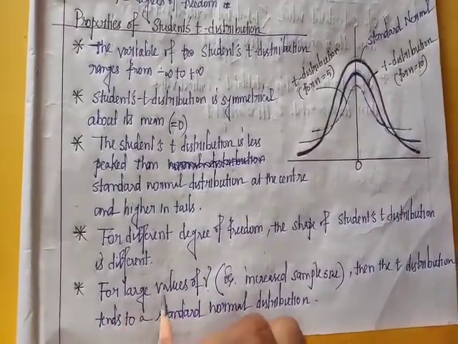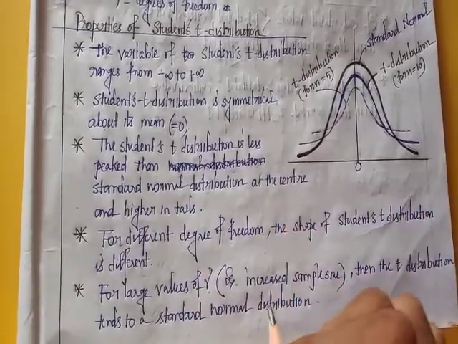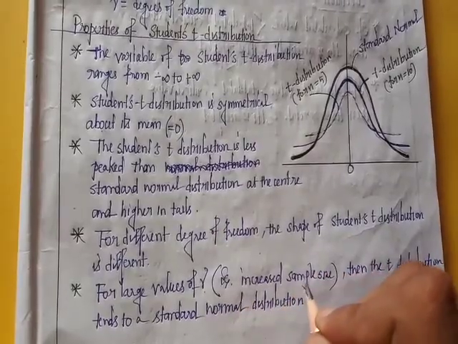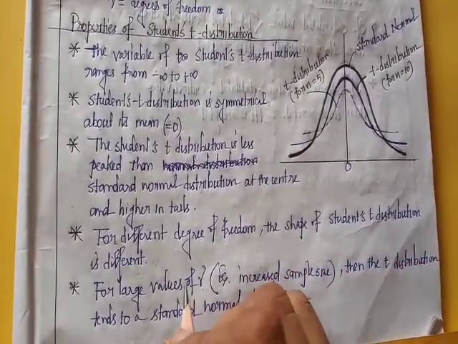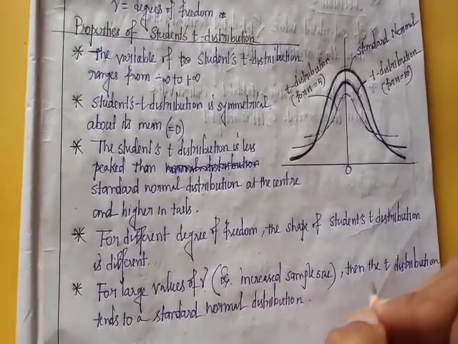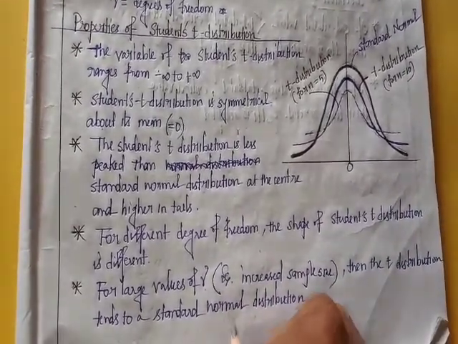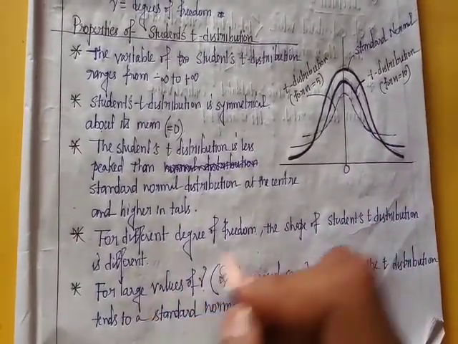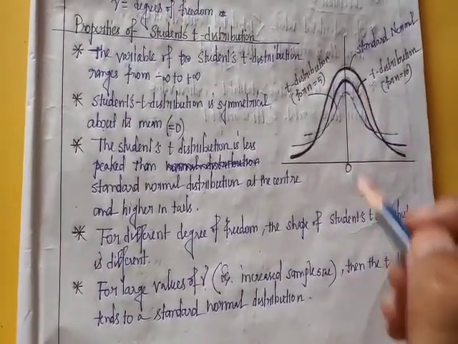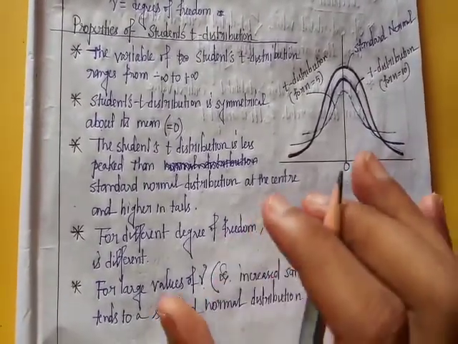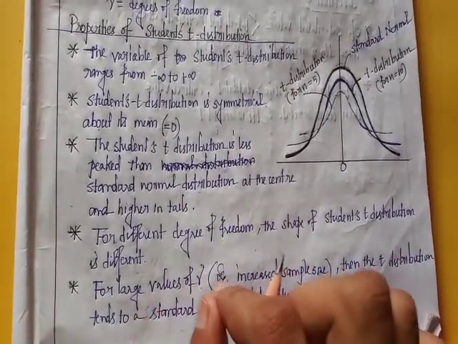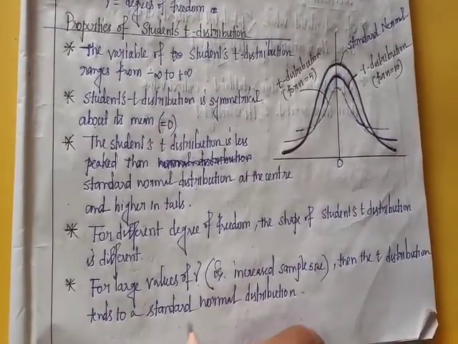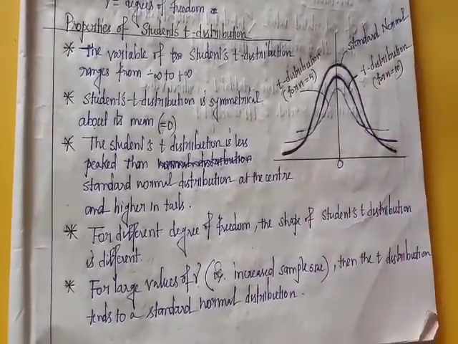Next property, for large values of nu, meaning degrees of freedom, that is, increased sample size. Since sample size and degrees of freedom are related to each other, for large values of nu the student T distribution tends to standard normal distribution.